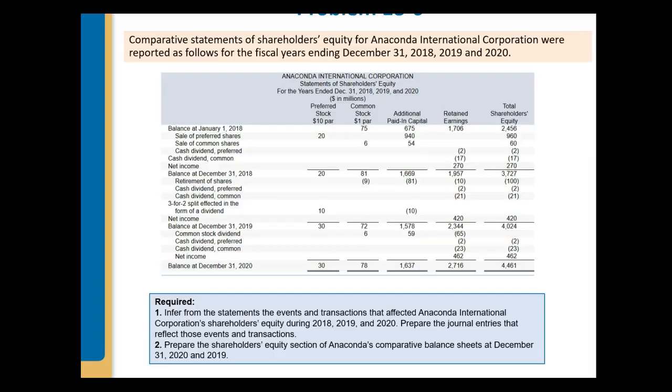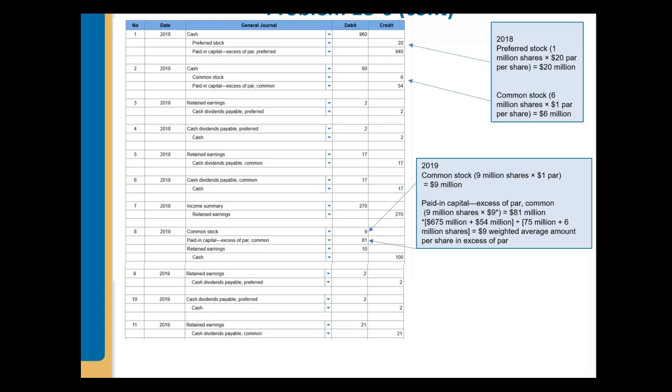So if we go back here and look at 2018, 2019, and 2020, you see here the sale of preferred shares at the par value 20 and the additional paid-in capital of $940. So that is the first transaction.